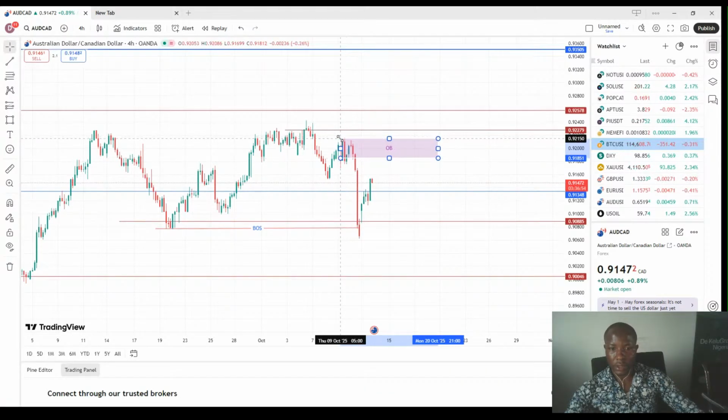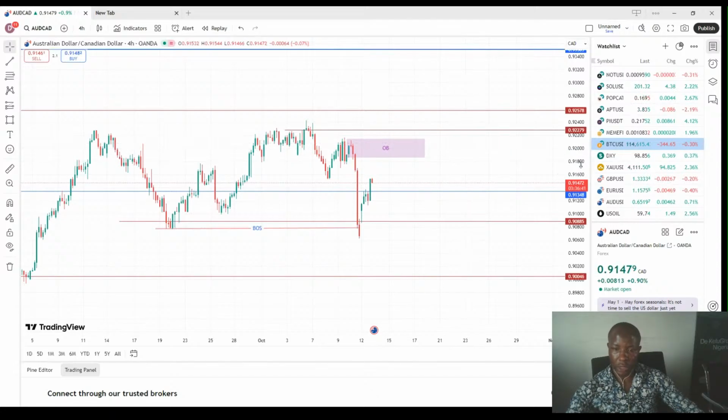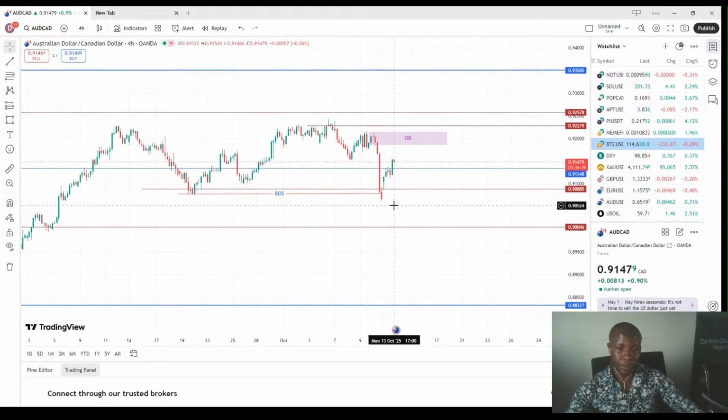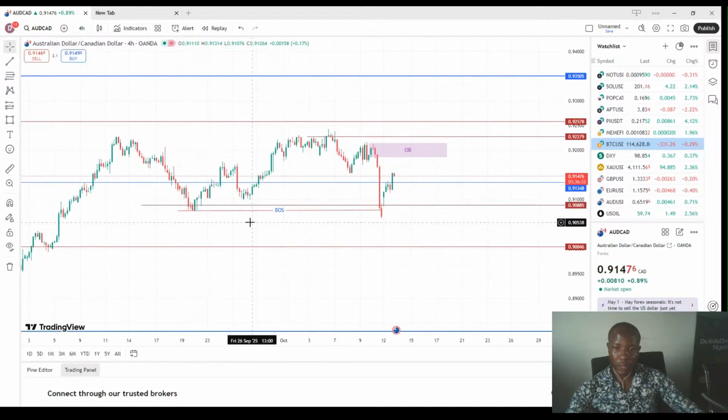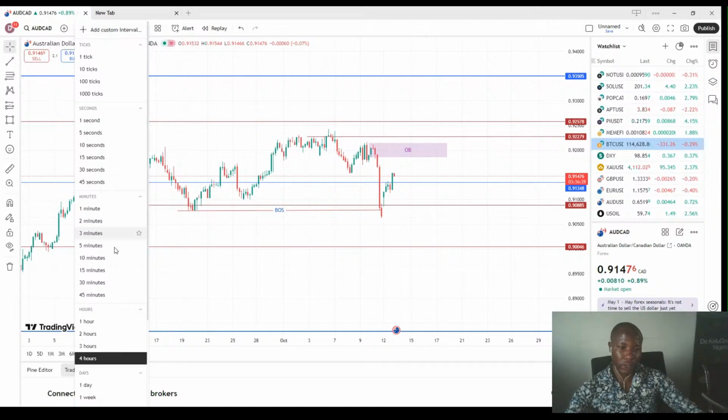So all these places, there are areas we should be vigilant at when the price comes there. We should be very careful on them. That's why we're marking them out. We need to be careful when the market gets to those areas. So that is the last price action that happened here on the 4 hours.